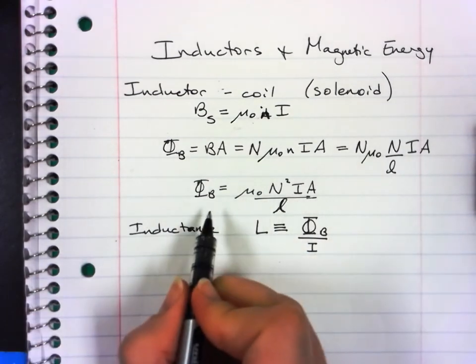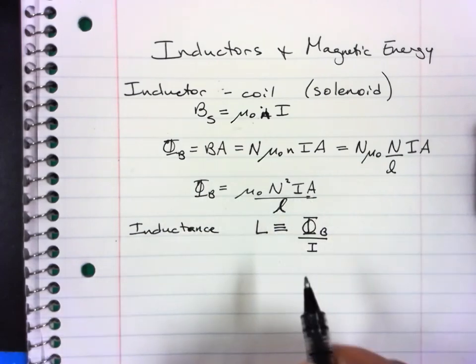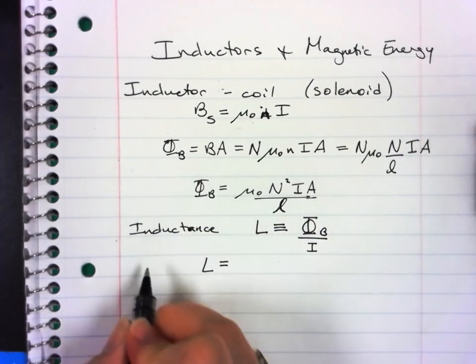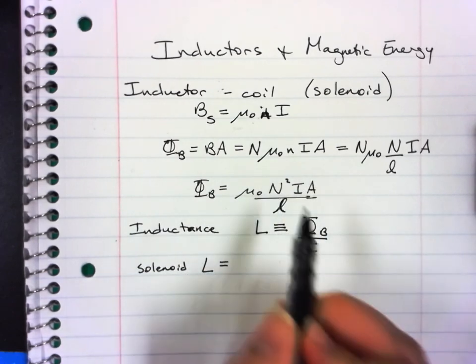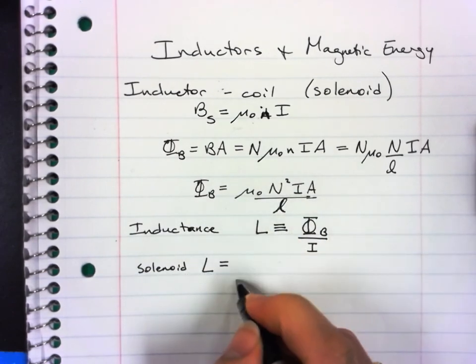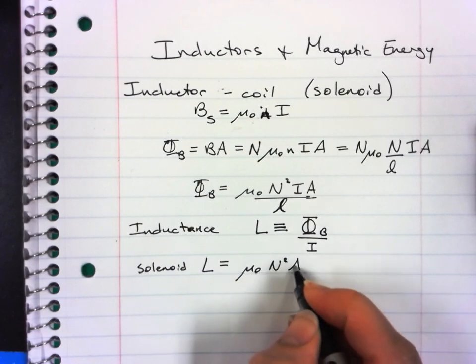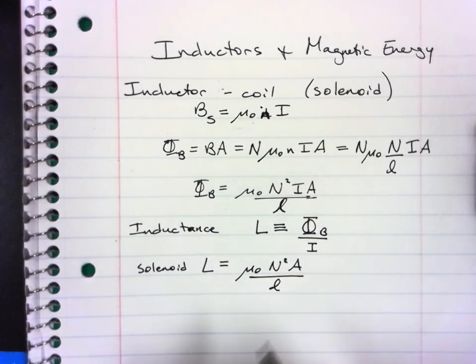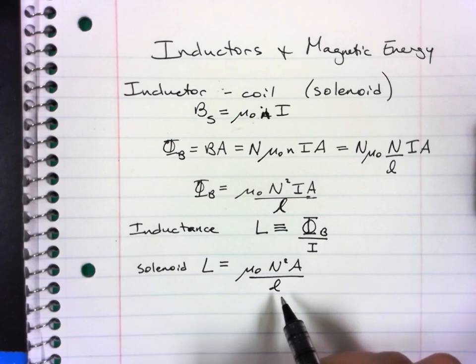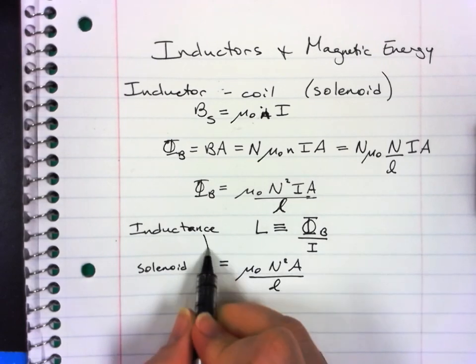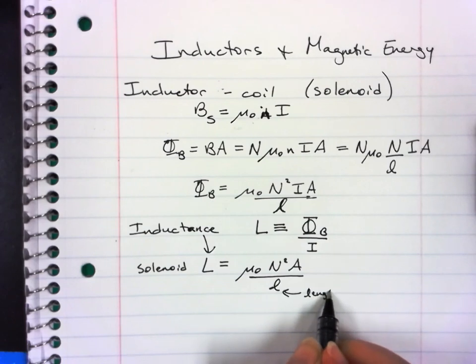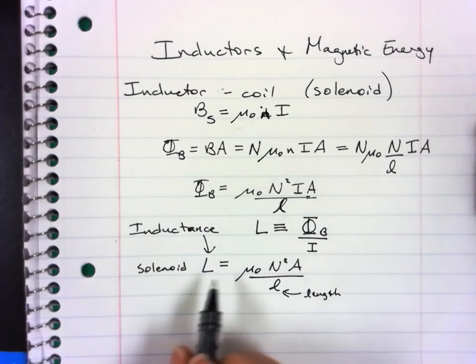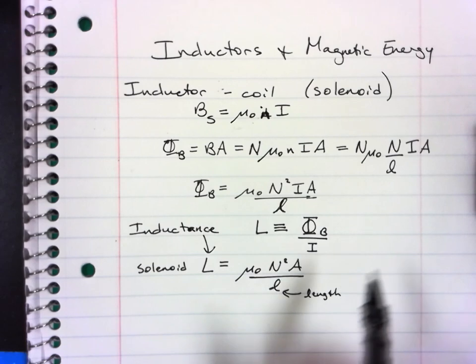So if we go back in here, L for a solenoid would be this thing divided by I. Well, there's only one I, so we just get mu naught N squared A over the length. This is why I wrote the curly L. We have two L's. This L is inductance. This L is length. I even wrote the curly L there. So it's important to keep those separate.